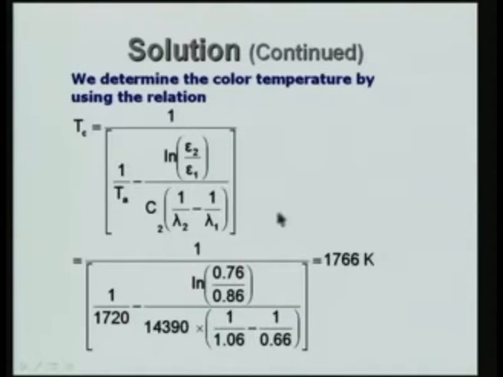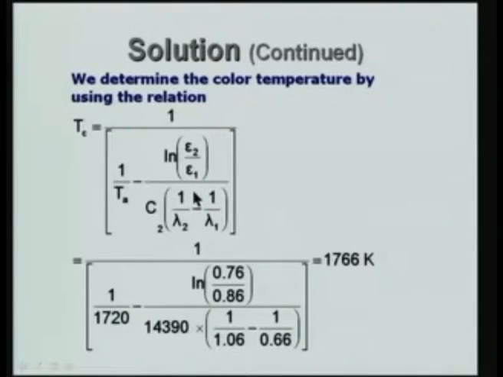All I have to do is to use the definition of the color temperature, and in the previous lecture we have actually derived this equation, and I am just writing it down again. Tc, the color temperature, is given by 1 over this entire thing, 1 over Ta, where Ta is the actual temperature, minus logarithm of the ratio of the emissivities epsilon 2 by epsilon 1. In fact, you can identify epsilon 2 with lambda 2 and epsilon 1 with lambda 1 correspondingly.